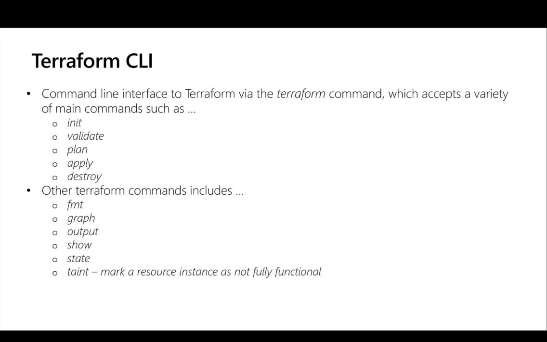You don't have to specify the dependency as you are trying to provision resources. So for example, if you're provisioning a VM in a virtual network, you don't have to specify that the virtual network must be provisioned before you provision the VM. Terraform is smart enough to provision the virtual network first before provisioning the compute resources.